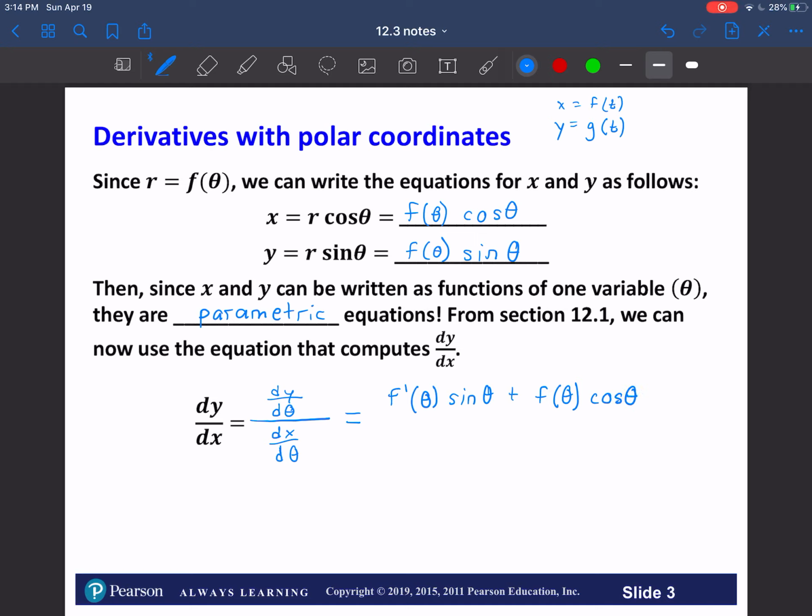That's the derivative of the second part. Divided by, on bottom, we will have f prime of theta times cosine theta, and then plus f of theta times negative sine of theta. So let me just change this plus to a minus.